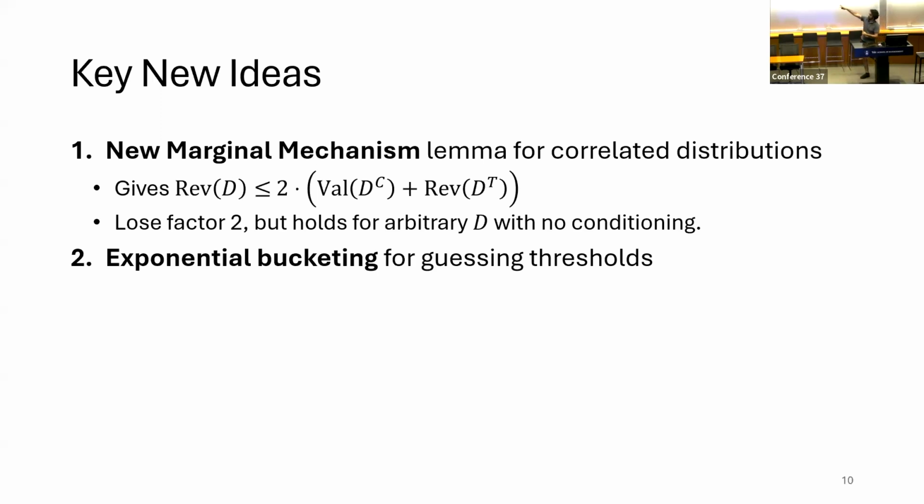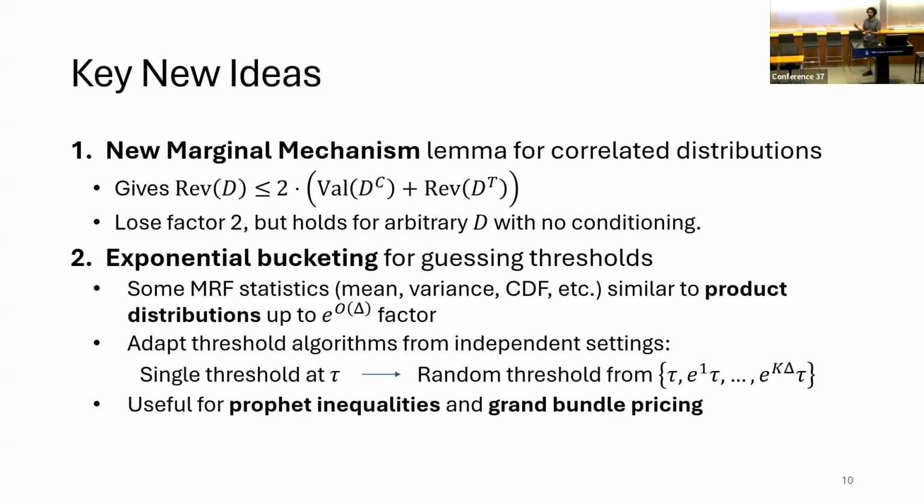The nice thing about this lemma is that it holds for arbitrary distributions D. And our exponential bucketing trick comes from the observation that if you look at certain statistics on MRF distributions, such as the mean, the variance, and the cumulative distribution function, they have similar values to product distributions, but losing an e to the order delta factor. Losing e to the order delta is okay, because we can handle that by using an adaptation of the threshold algorithms that are used for independent items.